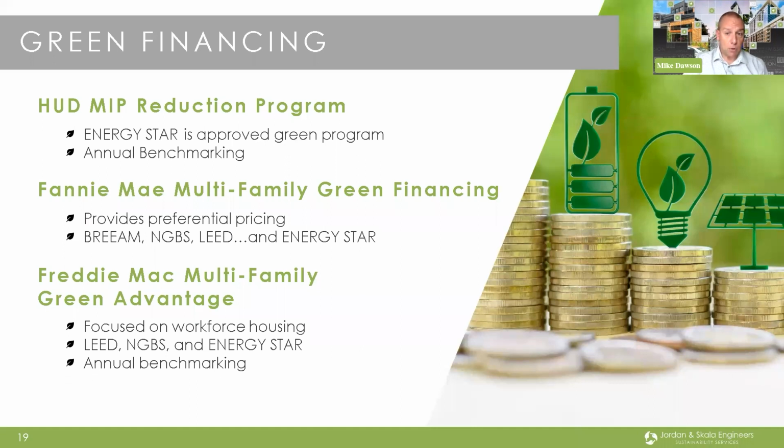The Fannie Mae Multifamily Green Financing provides preferential pricing for projects that follow green programs. Those can include BREEAM, NGBS, LEED, and of course, Energy Star. And the Freddie Mac Multifamily Green Advantage, which is focused on workforce housing, has LEED, NGBS, and Energy Star as compliant programs, and it also requires annual benchmarking.